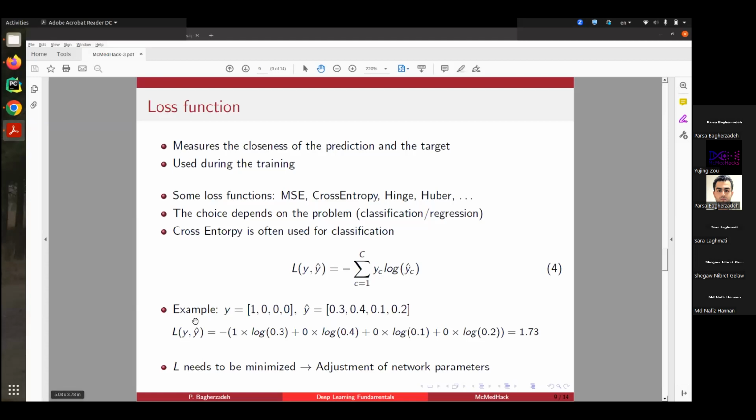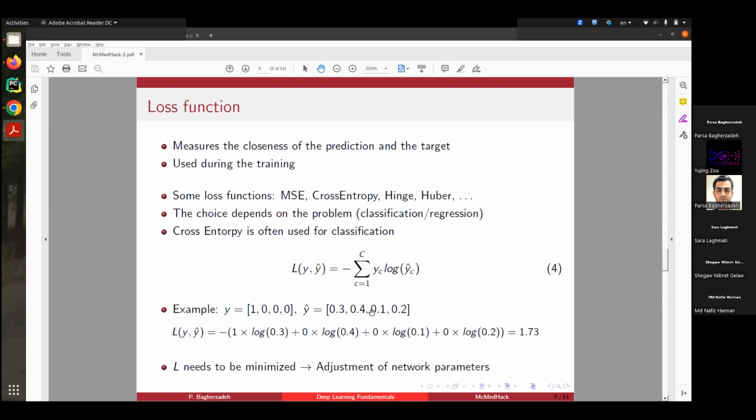Suppose you have a 4-class classification problem, and the annotator and the expert has labeled your sample as class 1, right? As class 1, because the other classes are indicated by 0. This is a one hot representation, where the entry that has non-zero value corresponds to the corresponding class.